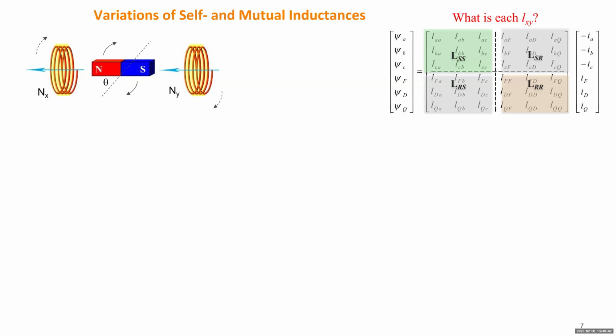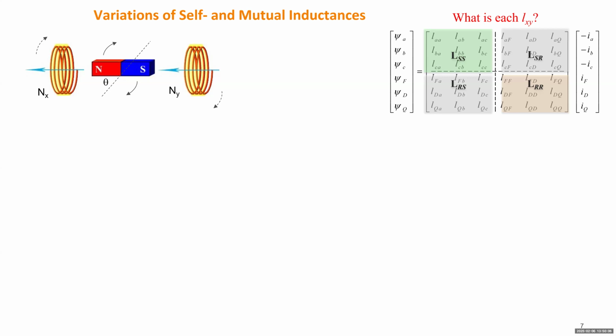Usually the formula depends on the number of turns of the two windings contributing to this inductance, and also another parameter called permeance, which indicates how easily the magnetic field can link the two windings.